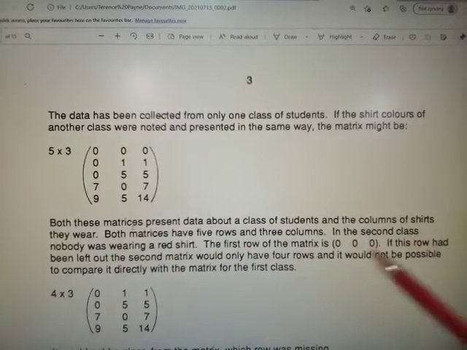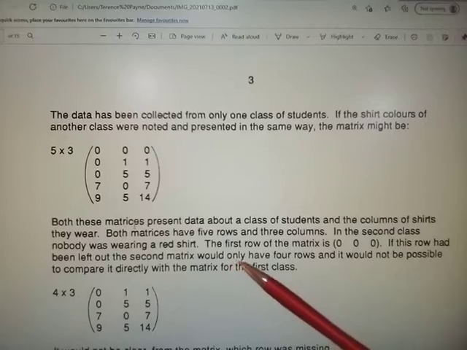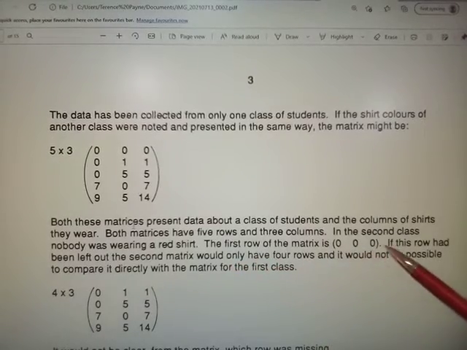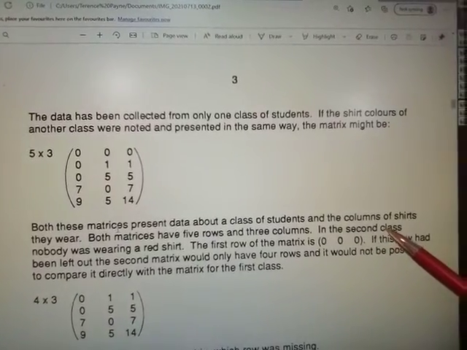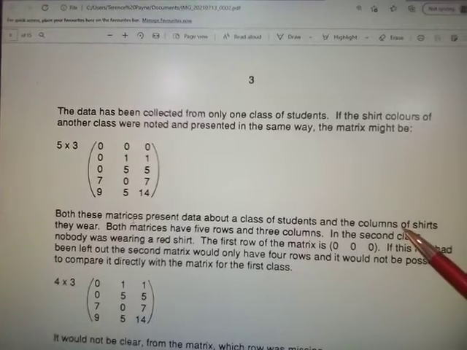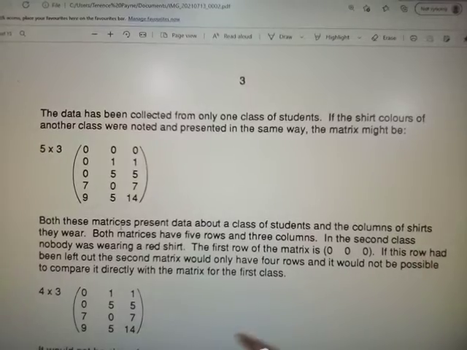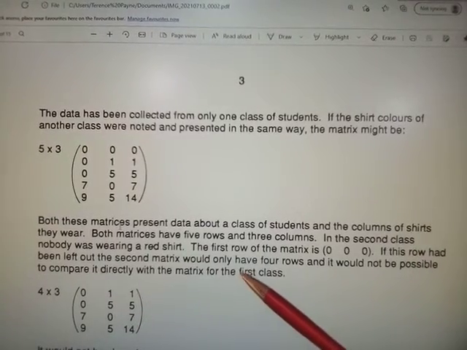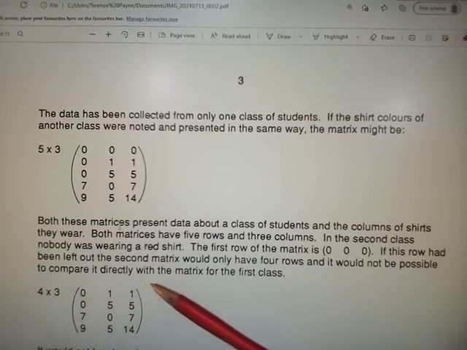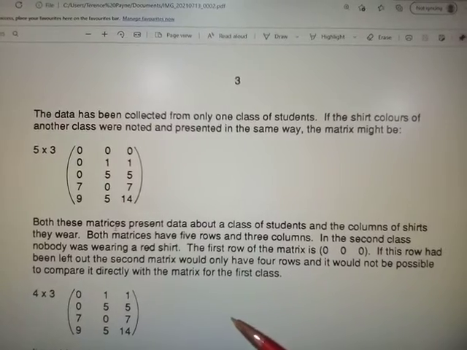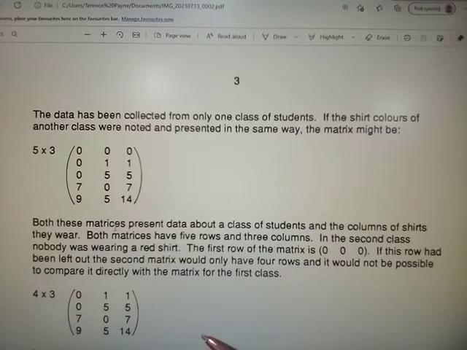In the second class, nobody was wearing a red shirt. The first row of the matrix is 0, 0, 0. If this row had been left out, the second matrix would only have 4 rows, and it would not be possible to compare it directly with the matrix for the first class, because the matrices have to be comparable with each other, so there must be similar rows and similar columns.